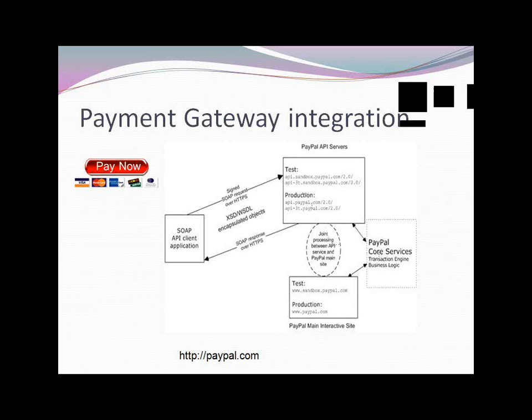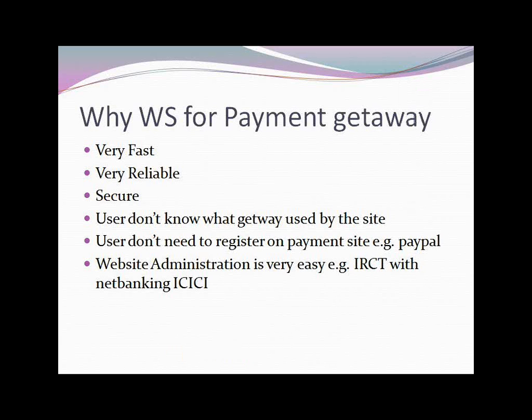Then immediately it will give a response that the payment is a success. So it's one go. This is the goodness of web services. I will move to the next, uses of web services.